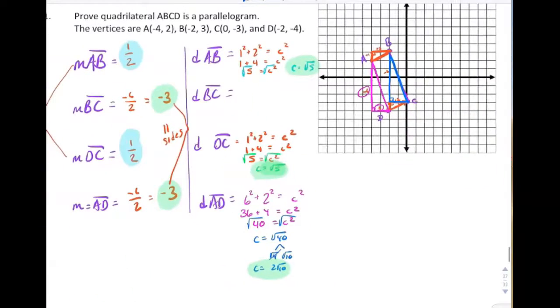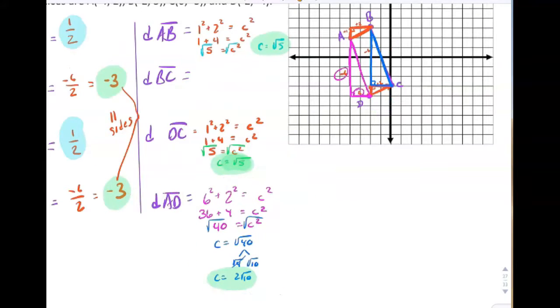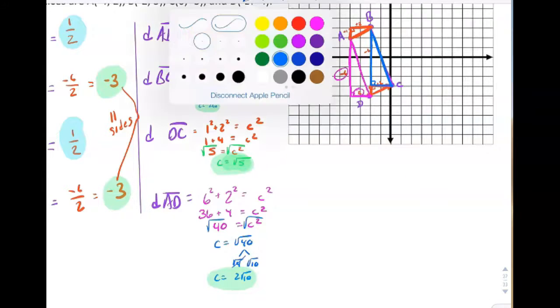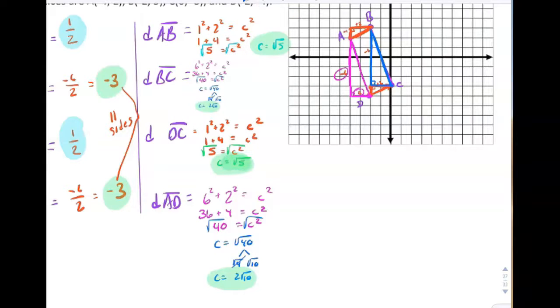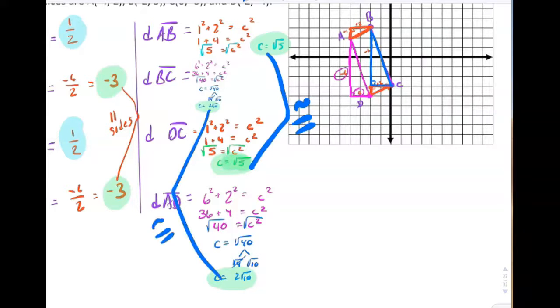So it's going to be the exact same work. So now what we have is 2 congruent sides right there, the 2 radical 5s, and 2 congruent sides there, the two 2 radical 10s.